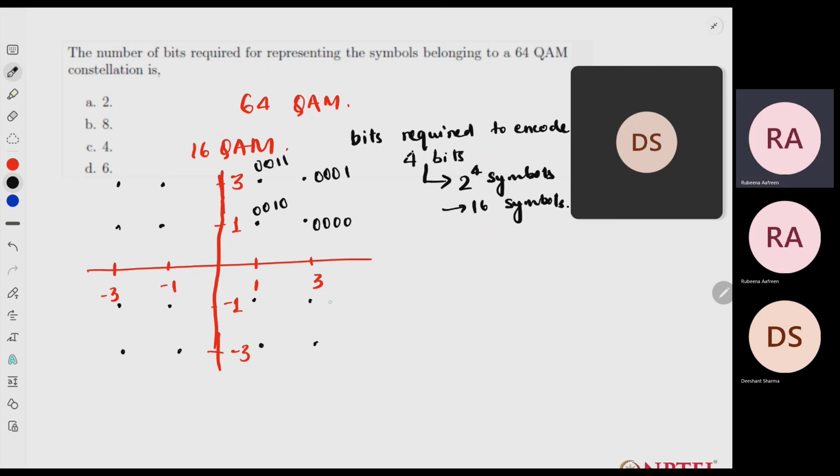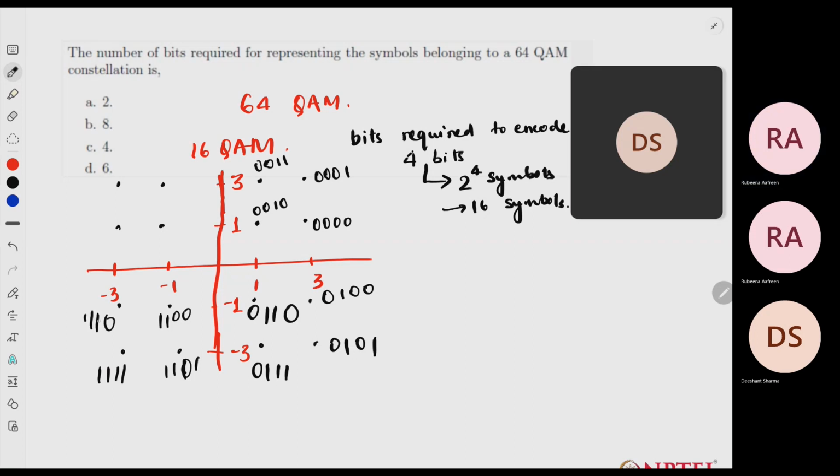And then likewise we will do for each quadrant, like 0, 1, 0, 0, 1, 0. Then similarly for these two also 1, 1, 1, 1, 0, 0, 1, 1, 0, 1, 1, 0. And then what is remaining is, I think, 1, 0, 0, 0, 1, 0, 0, 1.